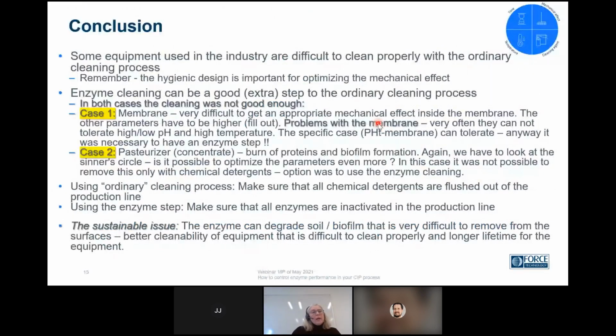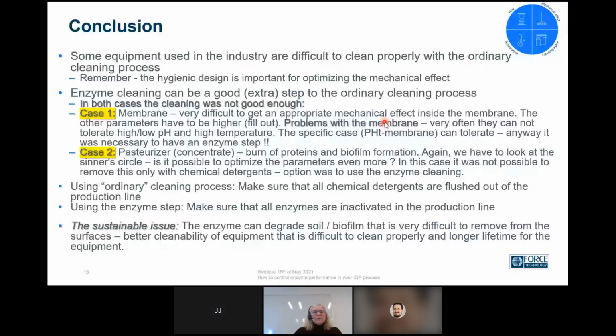A conclusion: some equipment used in the industry is difficult to clean properly with the ordinary cleaning process. We have to remember that hygienic design is very important to optimize the mechanical effect. Enzyme cleaning can be a good and sometimes extra step to the ordinary cleaning process. In both cases, the cleaning was not good enough. If we look at case 1, the membranes, it is very difficult to get the appropriate mechanical effect inside the membranes.